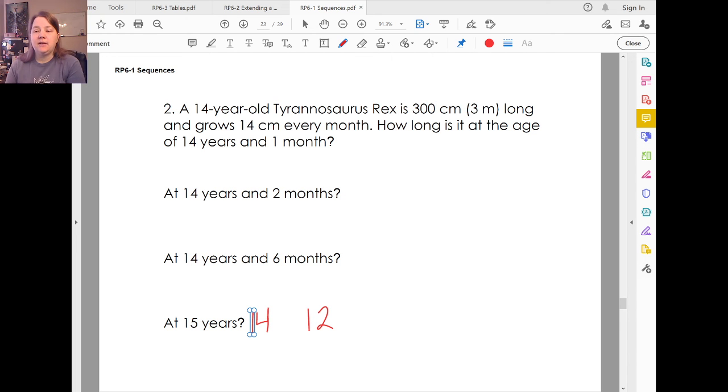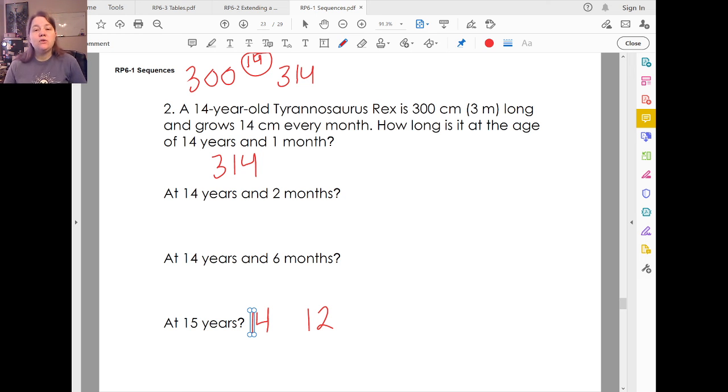So let's go ahead and let's take this one question at a time. 14-year-old T-Rex is 300, so we start off at 300, and we're going to grow 14 centimeters every month. How much will it be after 1 month? Correct. So when we add in that 14, it's going to be 314.